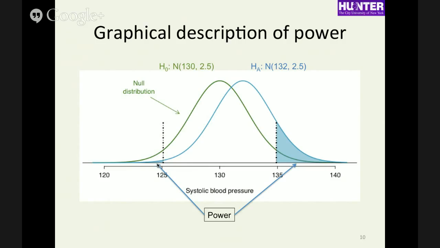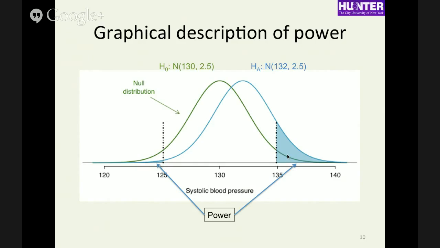So we're assuming that the mean blood pressure of our target population is 132, and then we're calculating the probability of correctly rejecting the null when we're doing a hypothesis test.